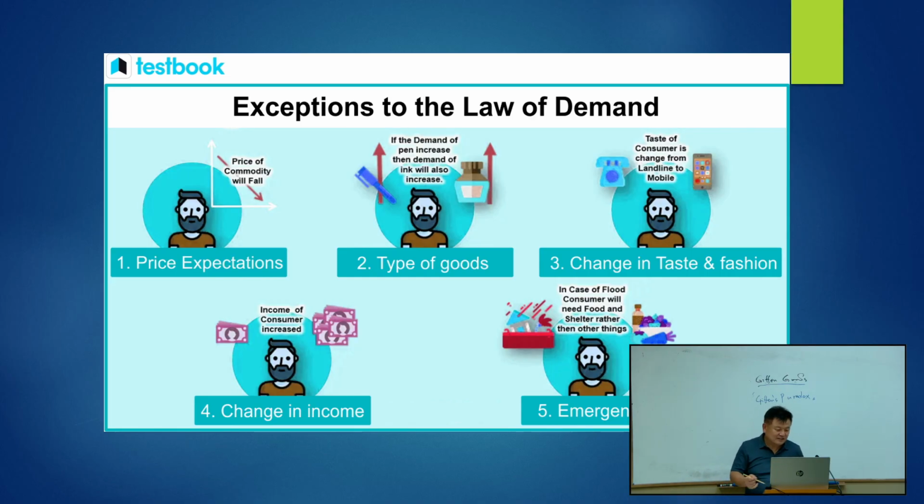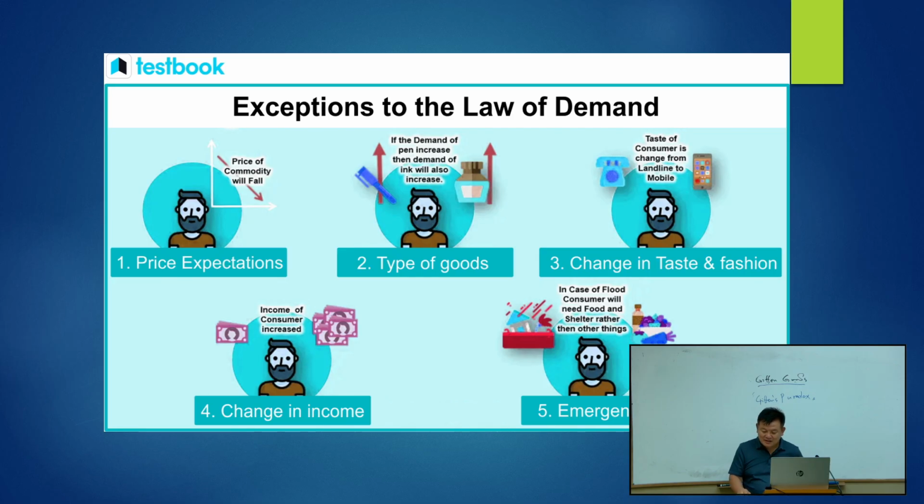Fashion-related goods. I said this fashion or taste trend is changing, and then it does not follow the law of demand. Necessity of life. These are basic necessities, for example rice, some kind of food, diapers, also milk.